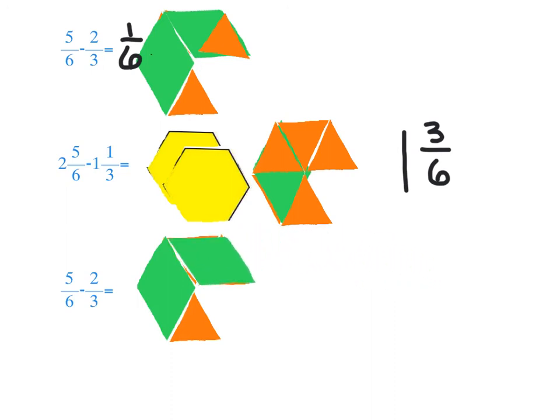And I'm going to move this one over to subtract this part, which means I have one of those triangles left. And this is the same problem that we did at the beginning, isn't it? So this one's going to equal 1/6. Just checking to see if you're paying attention. No, actually, I put the same problem on there twice and didn't mean to, but that's okay.